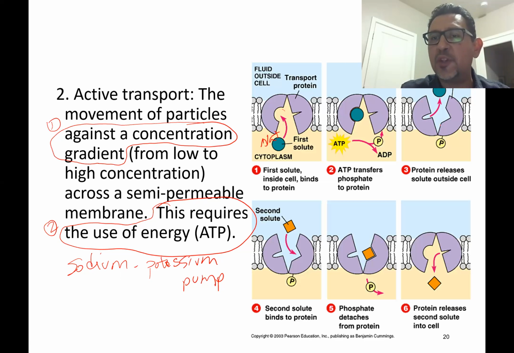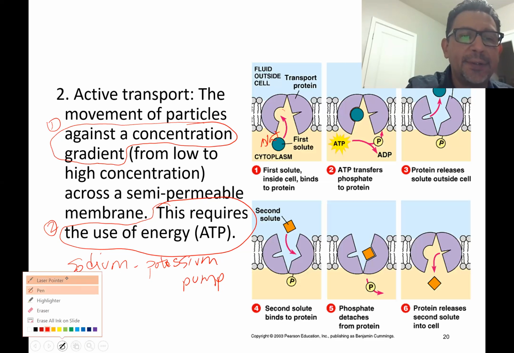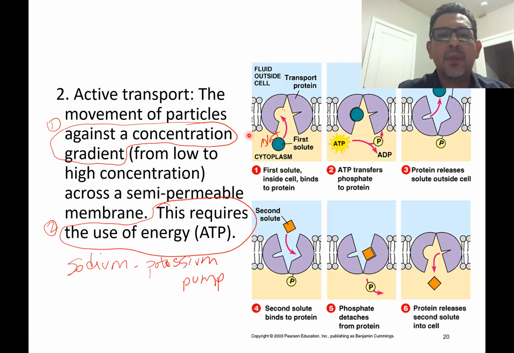And now look at how this protein is opening to the opposite side from what it was first open. Maybe I should be using my laser pointer. So here we go, sodium moving into this space in the transport protein. ATP allows this protein to change its shape, opening to the other side, and then releasing the sodium ion.